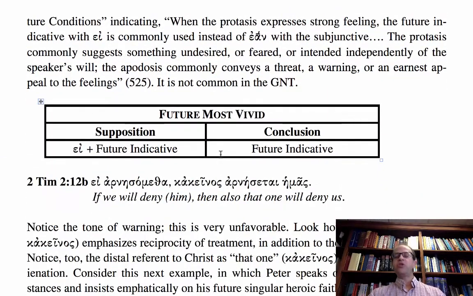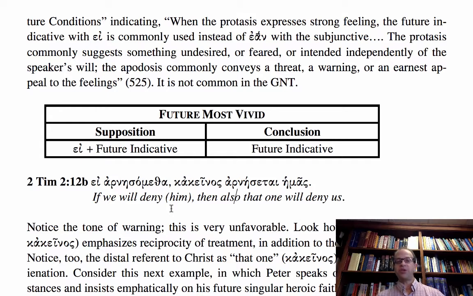This is used to express strong feeling, and often in a warning context. Its construction is the if part formed with ei and the future indicative, and then the conclusion is also in the future indicative. Notice that the future indicative presents a concreteness that is not going to be found with the other future constructions of conditions.